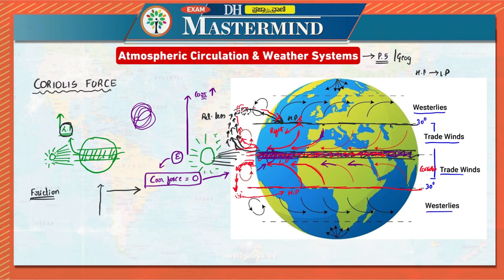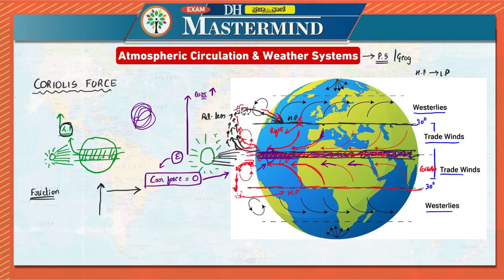So the velocity and direction of the wind are the net result of this wind generating force. The winds in the upper atmosphere, which is 2 to 3 kilometers above the surface, are free from frictional effect because there is hardly any resistance over there. They are mainly controlled by the pressure gradient and Coriolis force, which we have seen before.